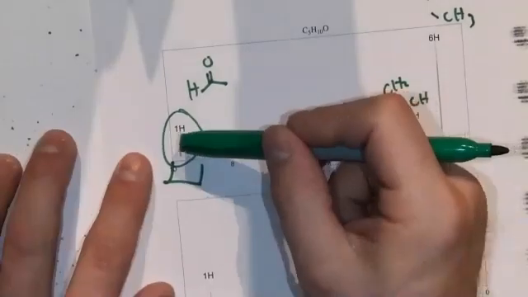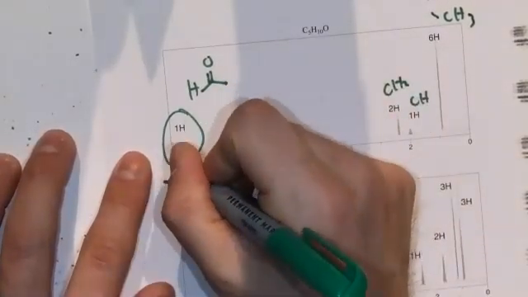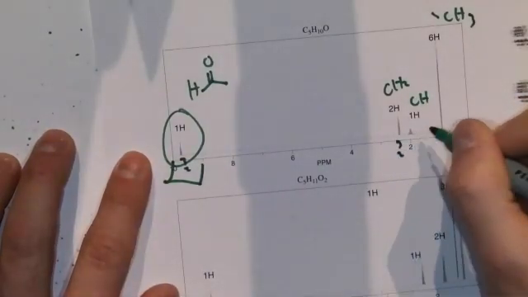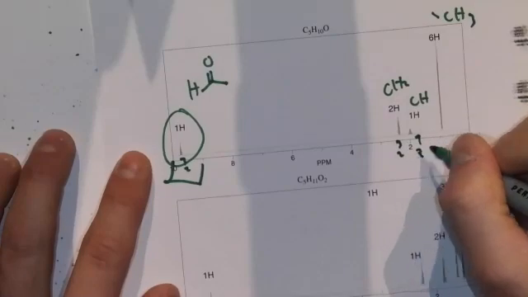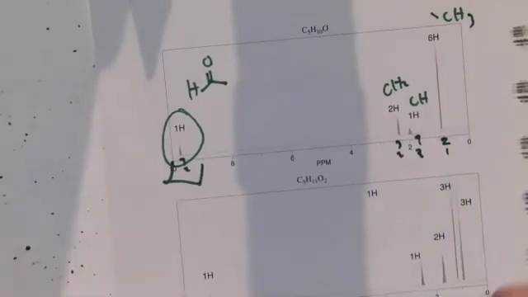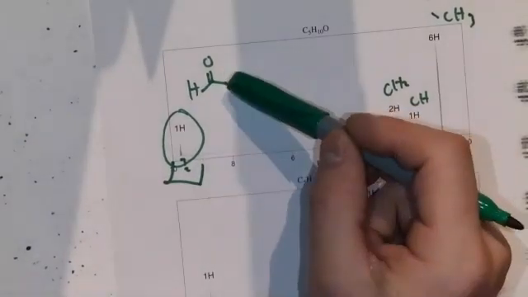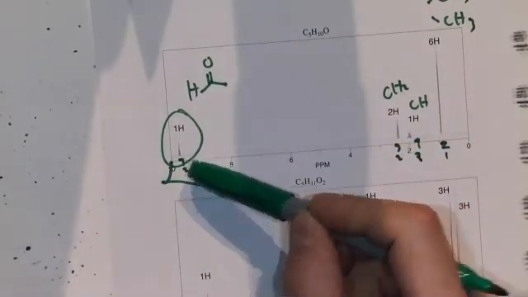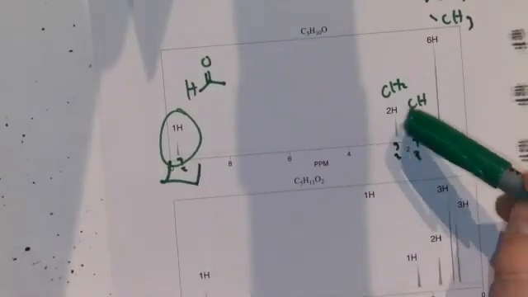Identifying our peaks. So this is 3, should have 2 neighbors. 3 should have 2 neighbors. I believe this is a 9, should have 8. And this is 2, should have 1 here. So next to our carbonyl should show up in the 2 to 3 range. Should have 2 neighbors. It's going to be this CH2 that's in the 2 to 3 range.